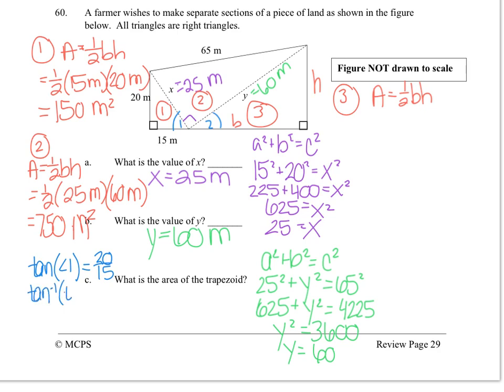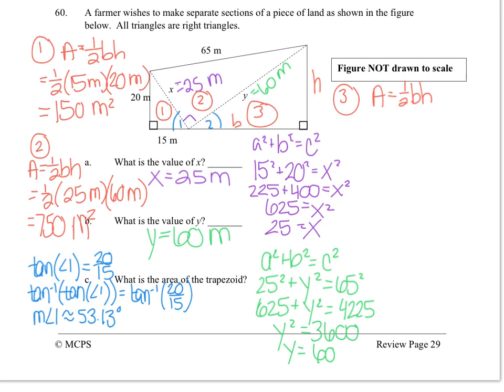So the measure of angle 1 equals the inverse tangent of 20 over 15, and that is going to be approximately 53.13 degrees.